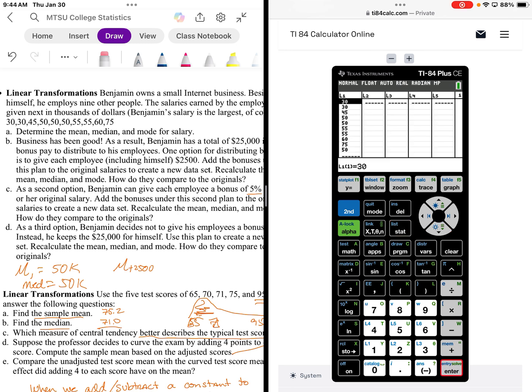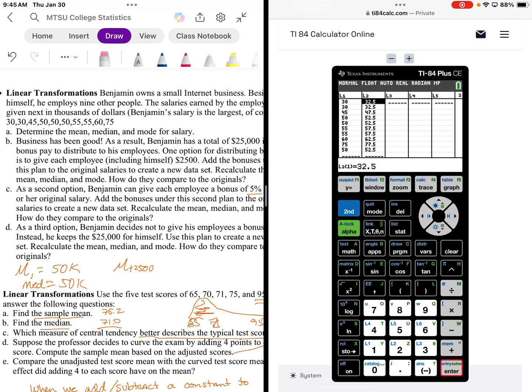Stat, enter. Now, as we go up here, we're going to take column 1, second one, and technically what I'm adding is 2.5, since I'm not putting in the extra zeros. 2,500 is 2.5 thousand. So I need to add 2.5 to all those. That way the ones column is the main part that changes.